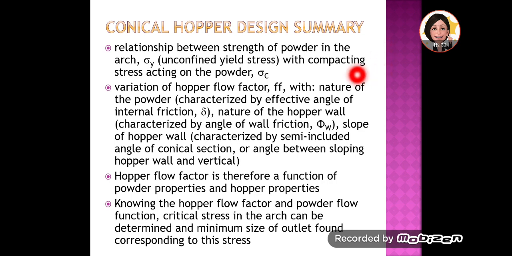Okay, so in summary, the relationship between strength of powder in the arch, the unconfined yield strength, with compacting strength acting on the powder plays an important role on the flow characteristics of the powder. So variation of hopper flow factor is affected by nature of the powder, nature of the hopper wall, slope of the hopper wall.